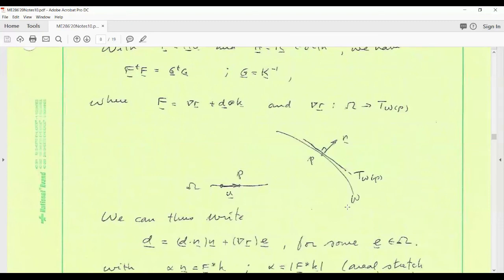Okay, you can easily verify that. Grad R has components, say R comma 1 and R comma 2. So if you use x1 and x2 as convected coordinates, then R comma 1 after deformation would be tangential to the surface, and R comma 2 would be tangential. So grad R would map vectors in the plane to vectors in this tangent plane.